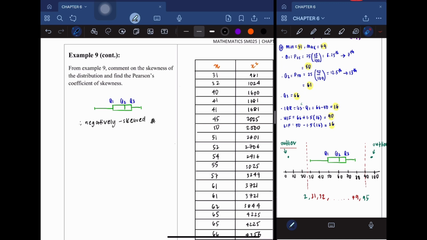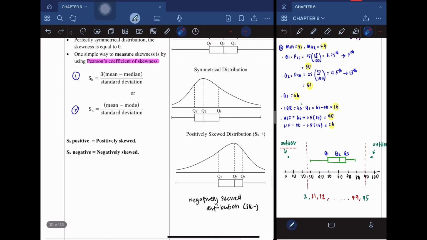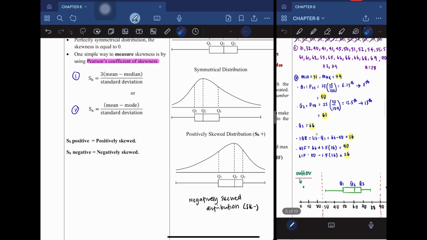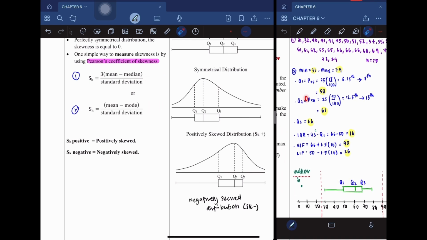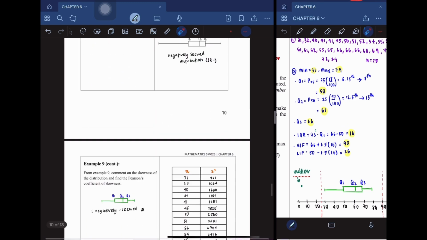Okay, now let's find the Pearson's coefficient of skewness. If you still remember, we have two formulas that we can use. Since we already found the Q2, which is the median, I'm going to use the first one as our formula.